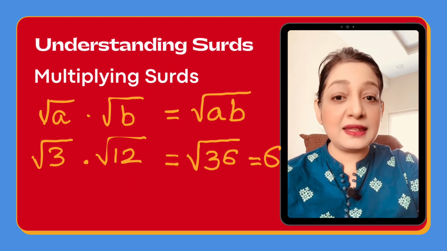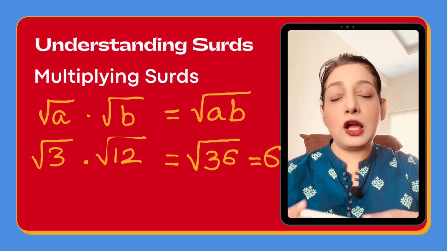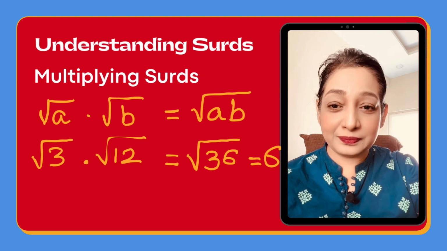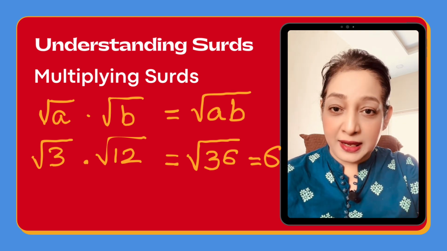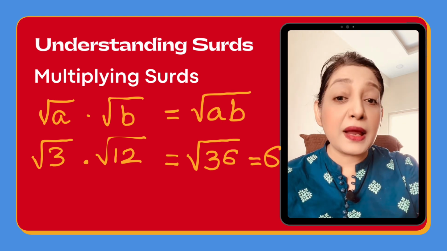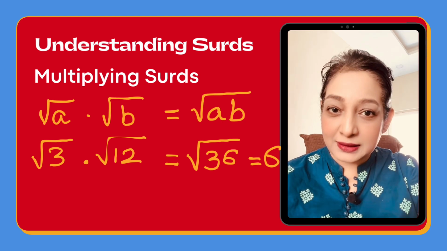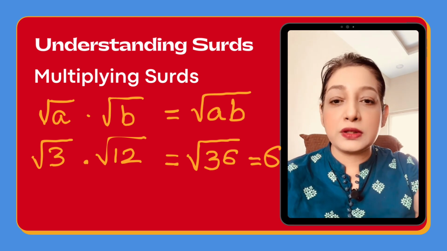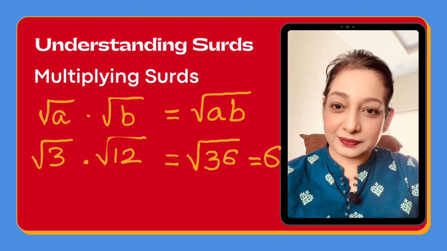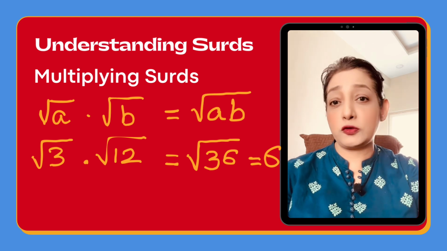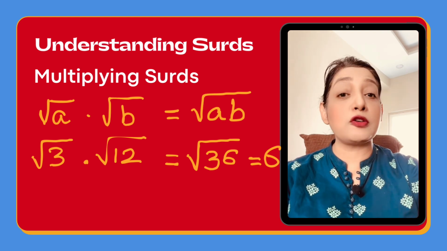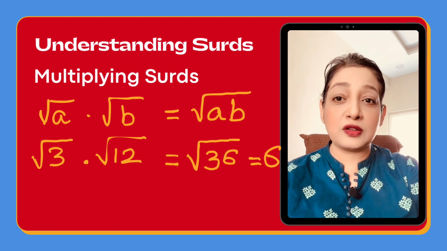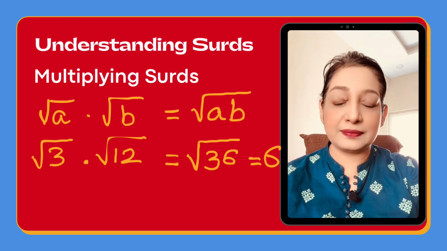Now multiplying surds. Look at the screen. Square root of a multiplied by square root of b is equal to square root of ab. For example, square root of 3 multiplied by square root of 12 is equal to 6.